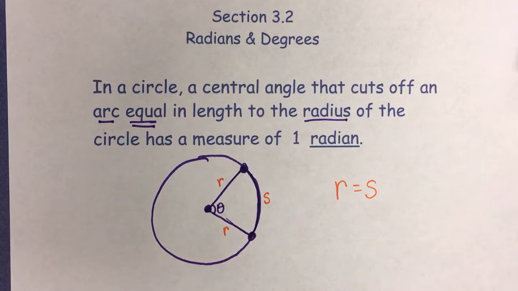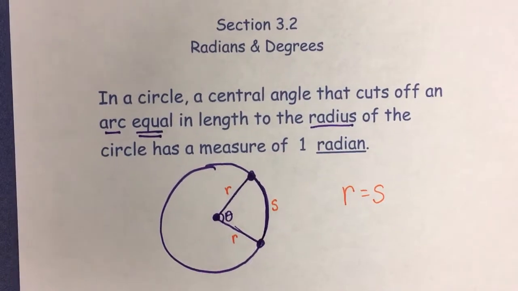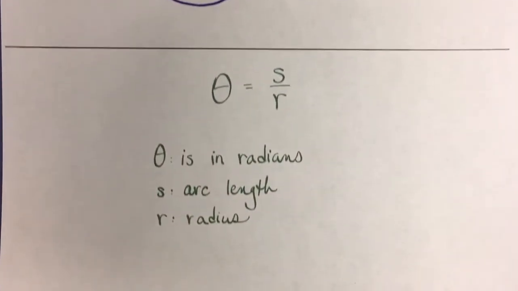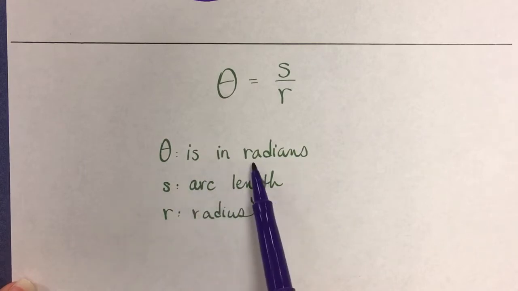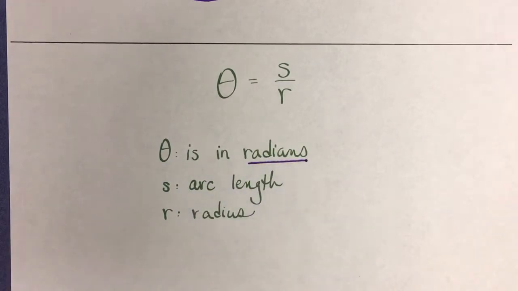Now there's a formula that you can use to help you find some of this information. Theta is equal to S over R. Theta is, of course, going to be your angle. It's very important that you remember that theta is in radians, so when you use this formula to find the measurement of your angle, it's going to give you the measurement in radians, not degrees.